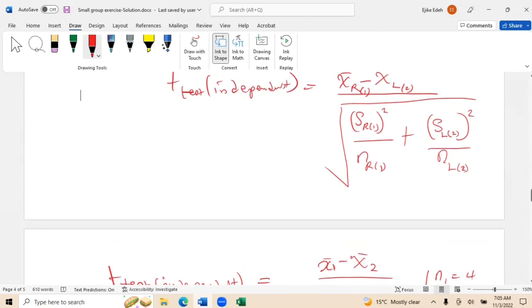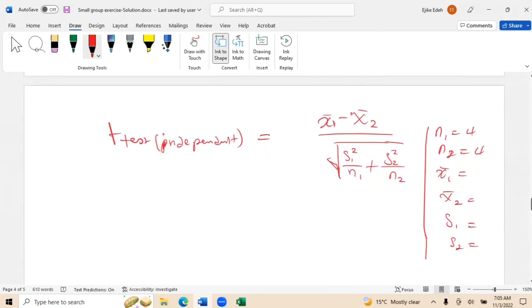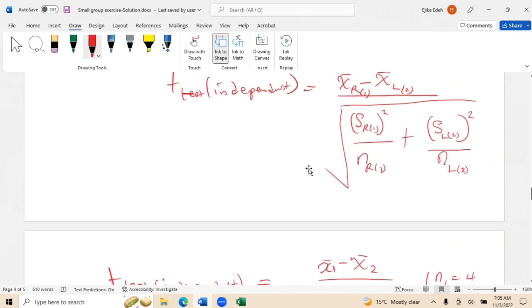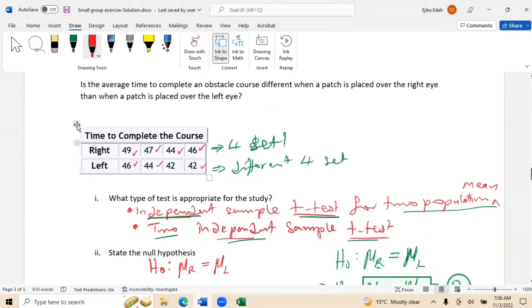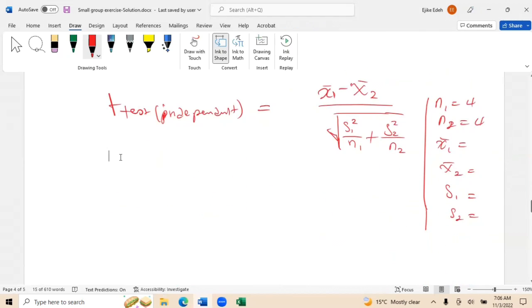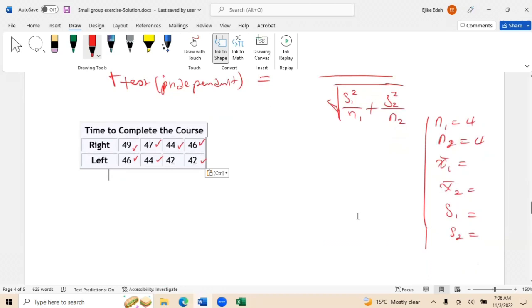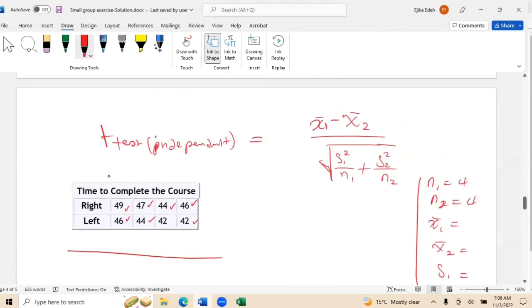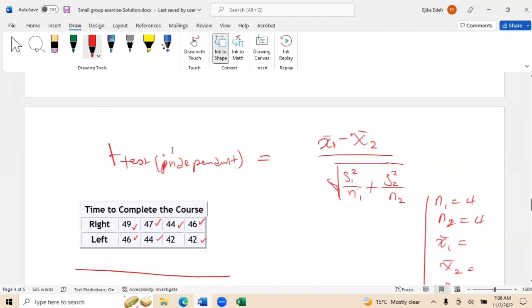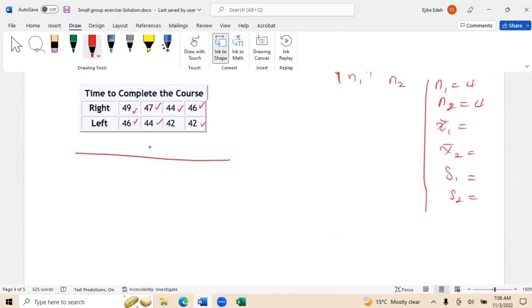So looking at this, how do we proceed? We simply find the mean of group 1. Let me put that data down here so it will be easy for us to pick up. Let's make a copy of this again down here. I can do this table to make it clear and sequential.